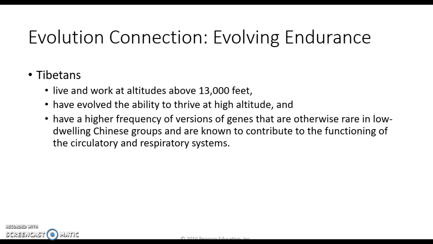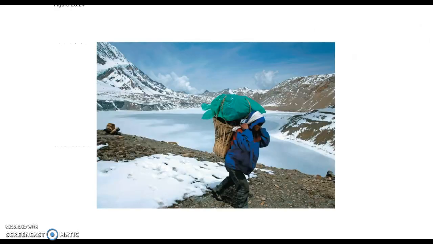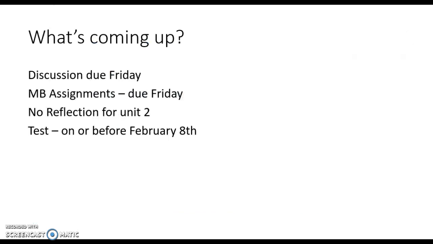But as far as evolution is concerned, these folks have developed genes that make it easier for their body to take up lower levels of oxygen, and it may have to do with increasing the amount of hemoglobin or red blood cells that they have so that they're grabbing more of what's available. That's a picture of being at high altitude.